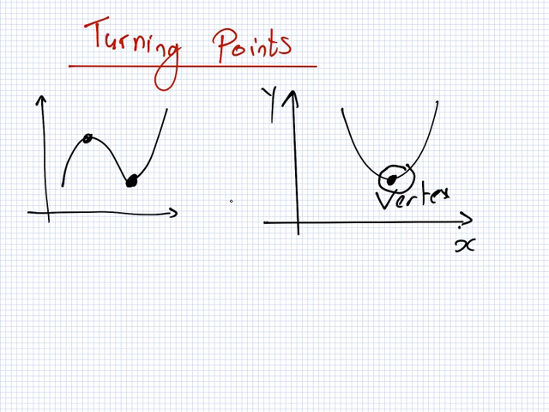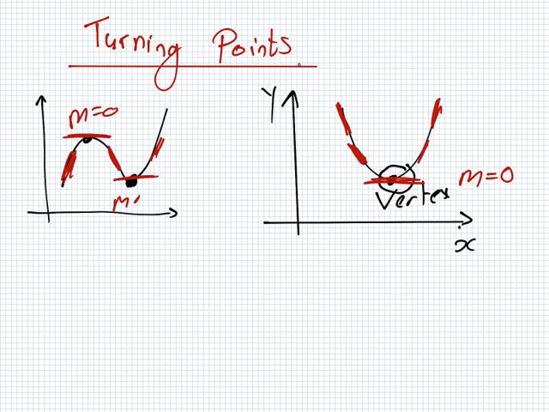If I draw a tangent here, the slope is negative, here negative, here positive, here 0. Here positive, here 0, here negative, here 0.